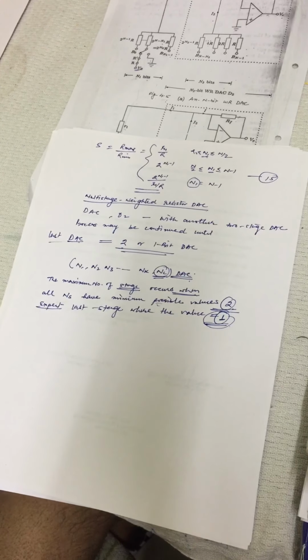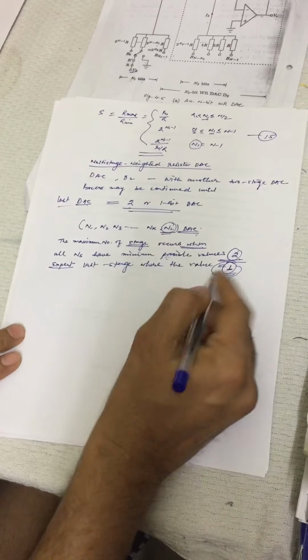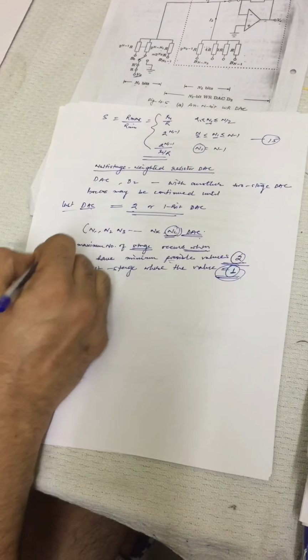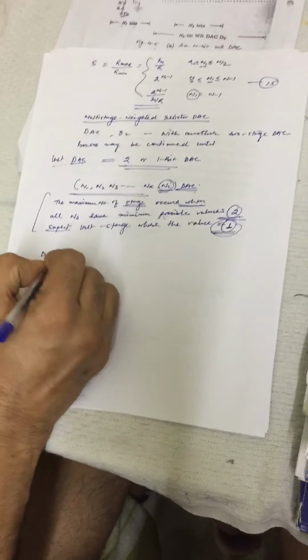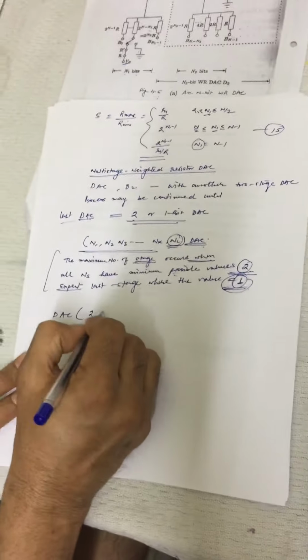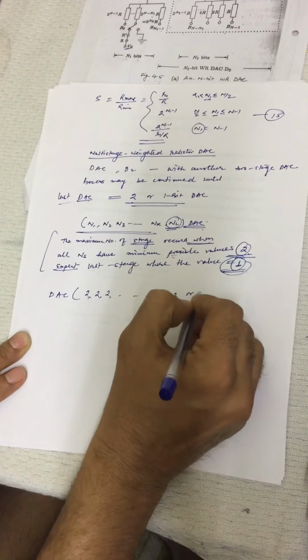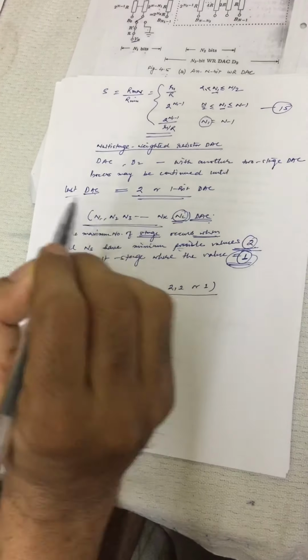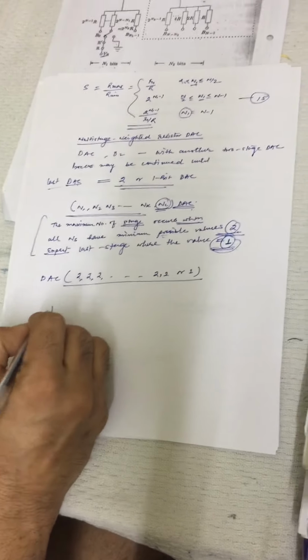So let us draw the diagram of this DAC. In a nutshell, this can also be written as a DAC of type 2 up to 2, with the last stage 1. This is my final requirement. We can draw this circuit as follows.